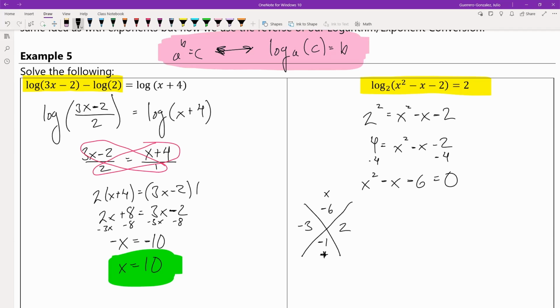That means this is equivalent to (x minus 3)(x plus 2) is equal to 0. Back to first week of school. x minus 3 is equal to 0, x plus 2 is equal to 0. x equals 3, x equals minus 2. Bam.